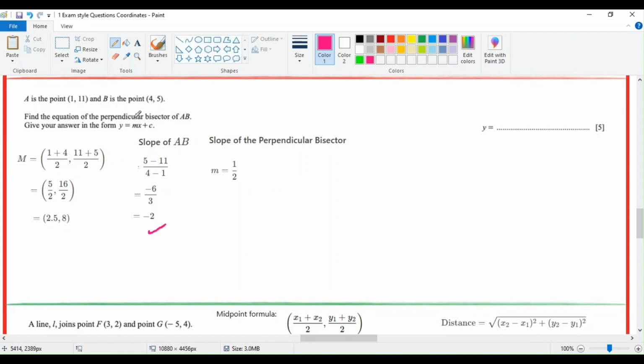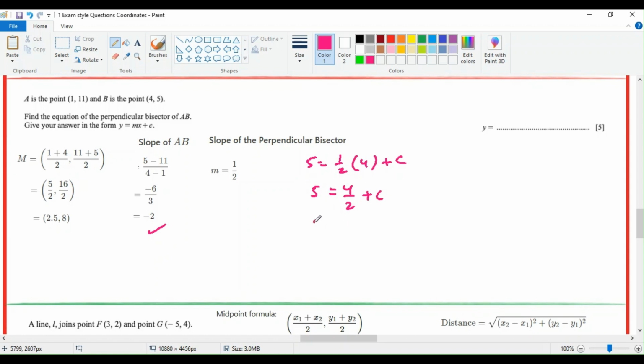Now we need to find the equation of the perpendicular bisector. We can take any point we feel like. y equals 1 over 2 x plus c. I'm taking x as 4, and y as 5, so instead of y I will write a 5 here. That means 5 equals 4 over 2 plus c.